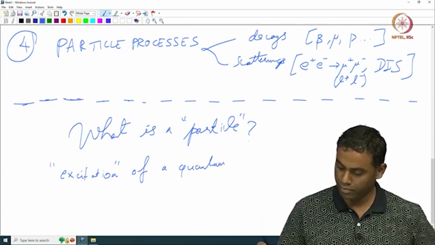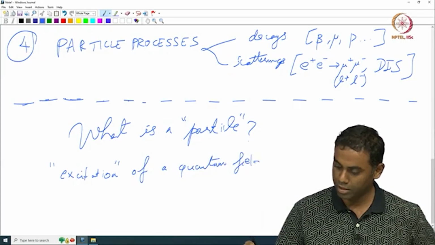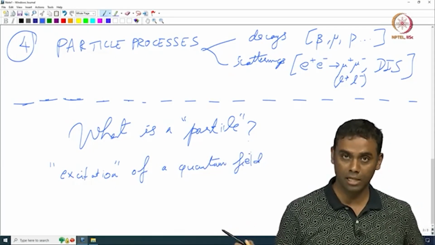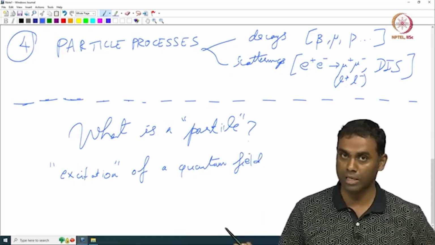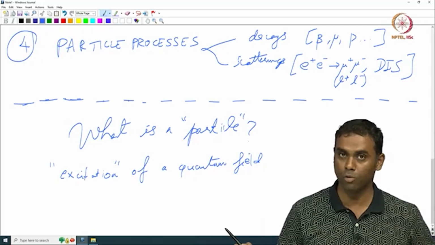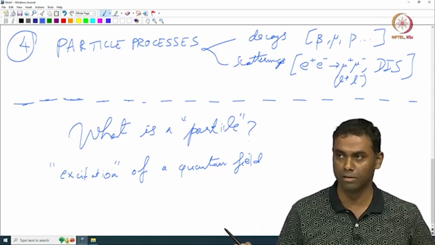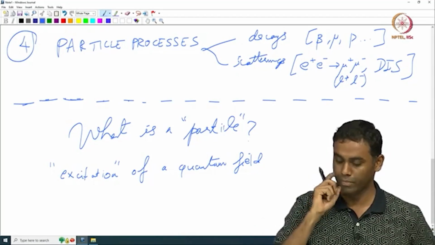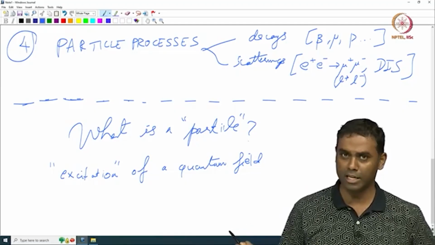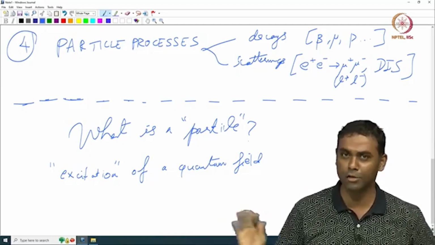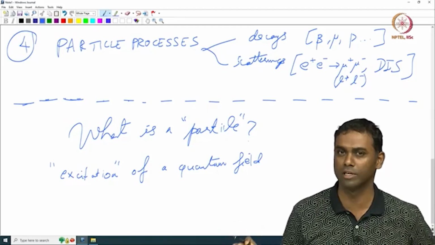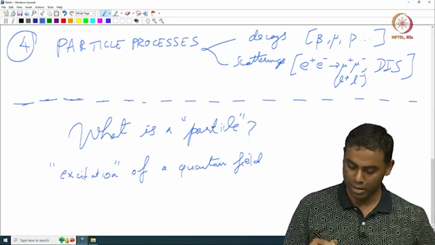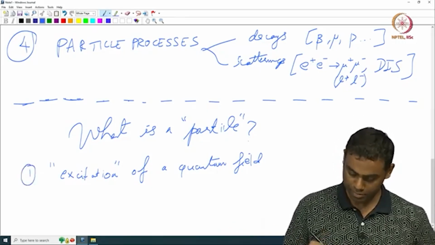These are just words at this moment, we will see exactly what this means in the duration of this course when we start introducing quantum field theory. What is even a quantum field, right? It's a very weird object, okay. And what is an excitation? It's not the excitations that we are really used to in quantum mechanics. This is a different kind of excitation, okay. That's one way to see it.